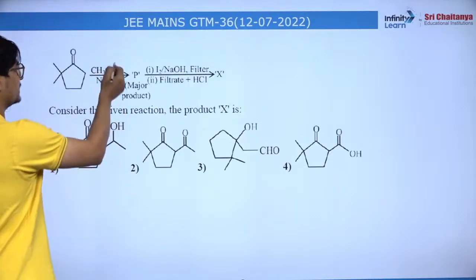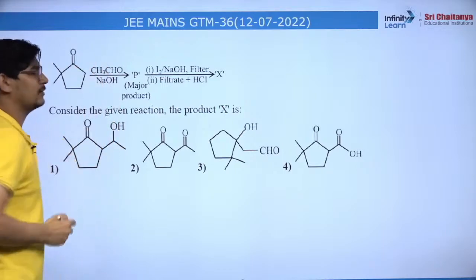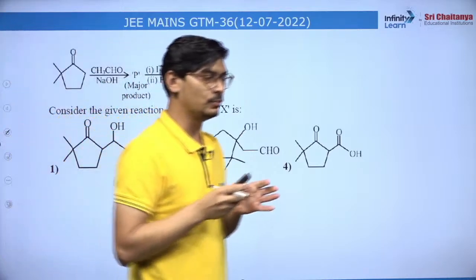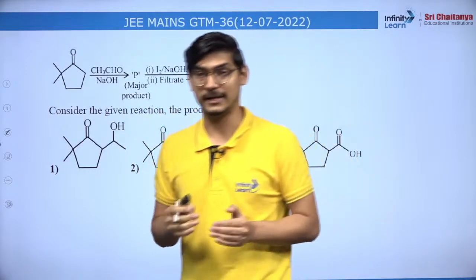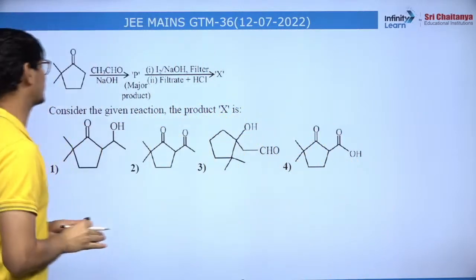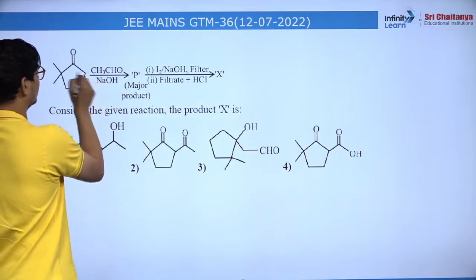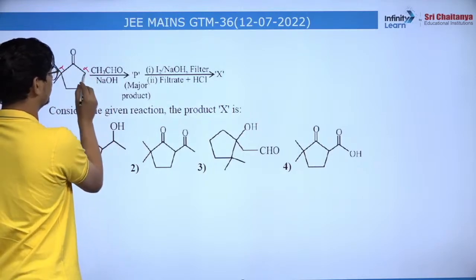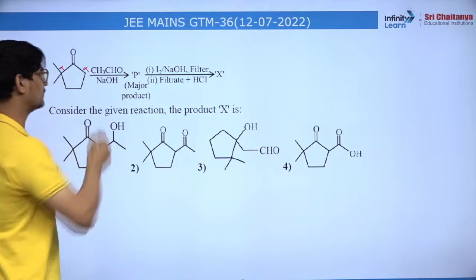Here CH3CHO and a ketone, and you are reacting with NaOH. Whenever you take two aldehydes or ketones in alkaline medium, of course it is an aldol condensation reaction. So what will happen? This is the alpha position, this is the alpha position. Here we do not have any alpha hydrogen atom, but here we have.